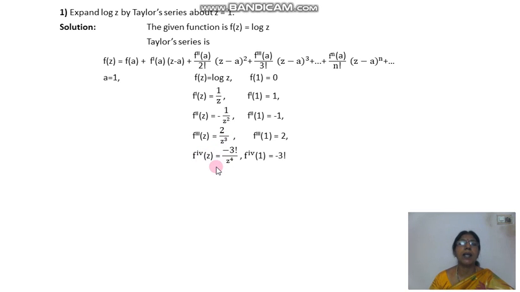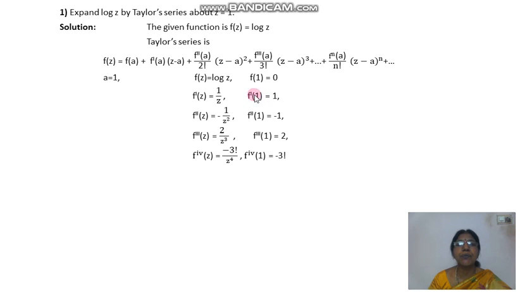We have to continue like this. But what is the point here? A is equal to 1. Substitute in this one. What do you get? F of z is equal to f of 1, f dash 1 into z minus 1, f double dash 1, f triple dash 1. So at the point 1 we need these derivative values, so substitute 1 as the point. F of 1 is log 1, which is 0.